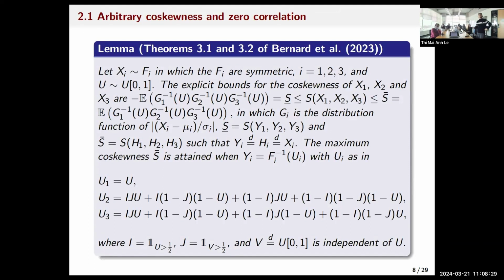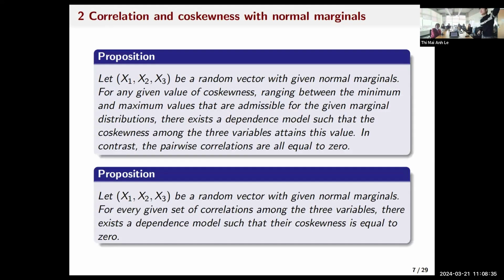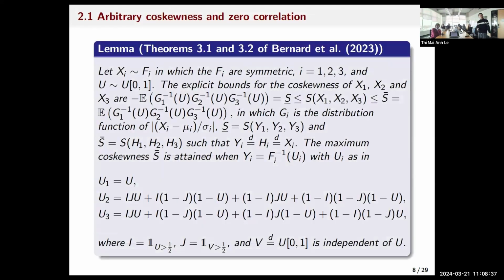Here in this subsection, we prove the first proposition. Recall theorems 3.1 and 3.2 from my first paper, coskewness and dependence uncertainty. We can have this lemma, and the main assumption is that the Fi are symmetric.